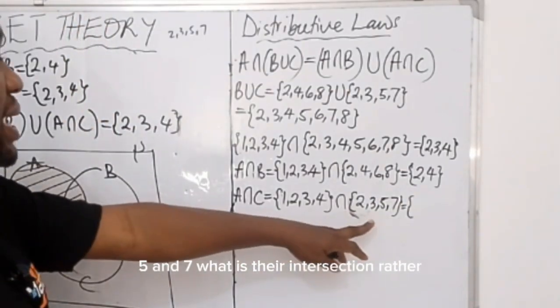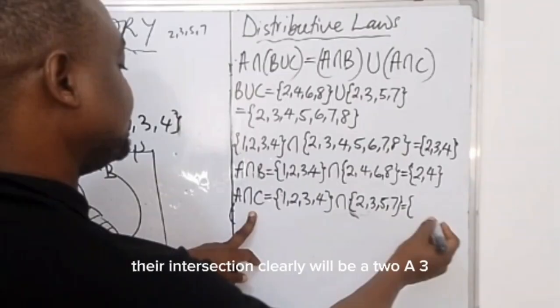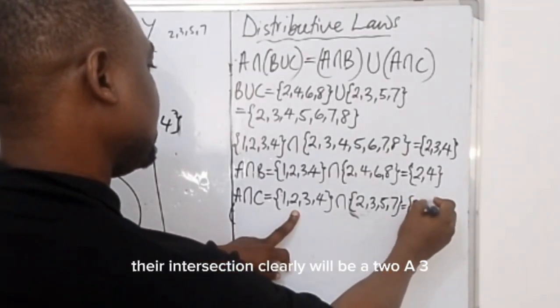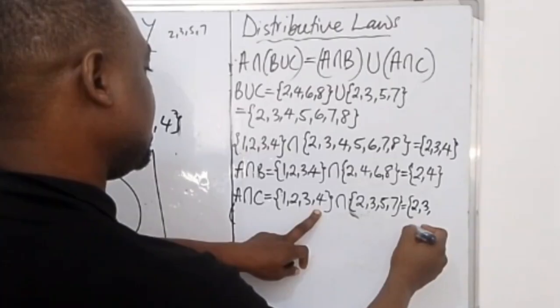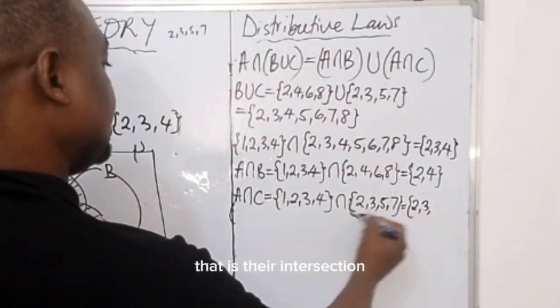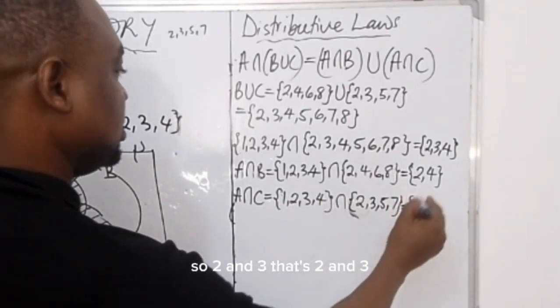What is their intersection? Clearly, their intersection will be a 2 and a 3. That's what we have here. So 2 and 3.